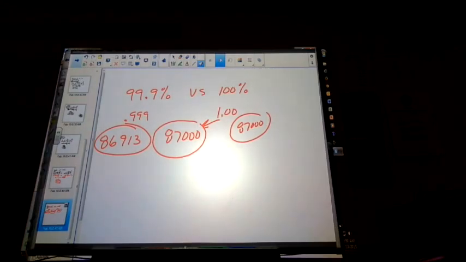I don't know about y'all, but I kind of like the fact that I have a little bit better than a 99.9% chance that my plane's not going to crash. So 87,000 flights any given day, 100% good rate. That means that 87,000 land that day. On any other given day, 86,913 make it out of the 87,000.